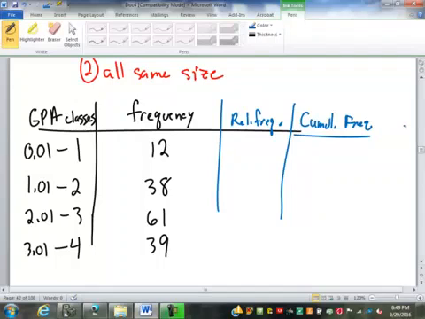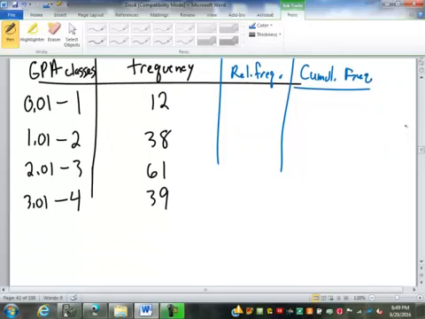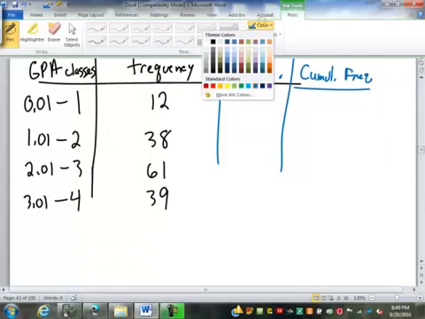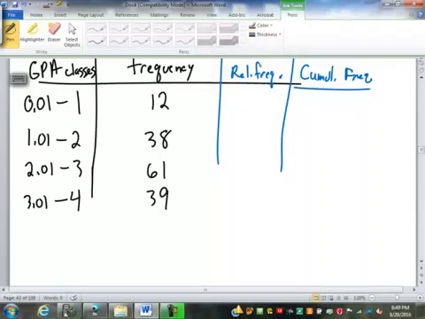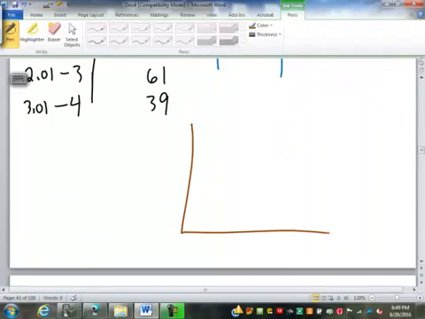But we could fill those in just like we would with other numerical data. Remember, the cumulative frequency is only done with numerical, not categorical data. And these could be graphed in a histogram just like our discrete data. Slight difference would be, instead of single numbers along the bottom, it's going to be these ranges.